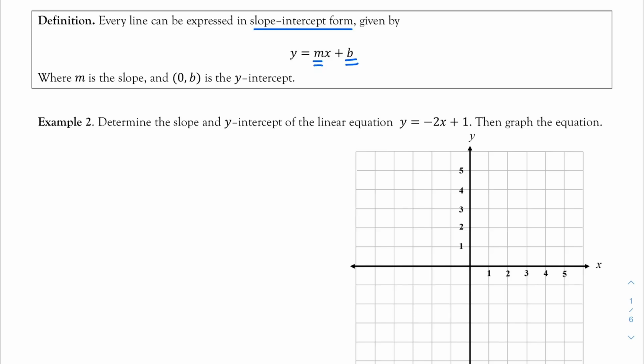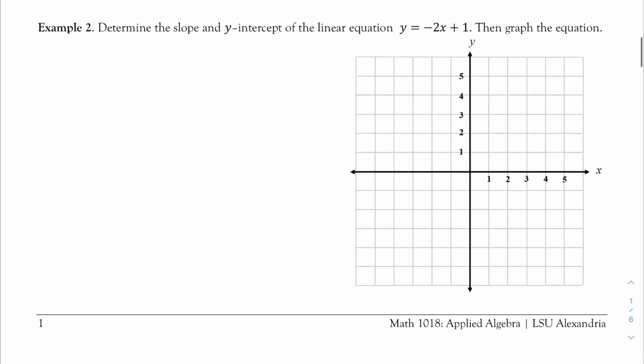So, using our new definition of slope-intercept form, looking at example 2, determine the slope and the y-intercept of this linear equation, y equals negative 2x plus 1. And then I want to graph the equation. Here I have the equation negative 2x plus 1 equals y.